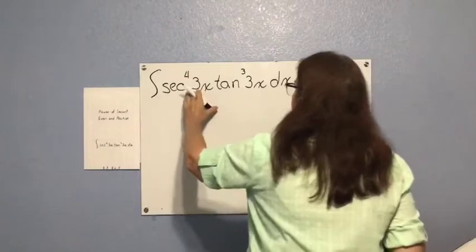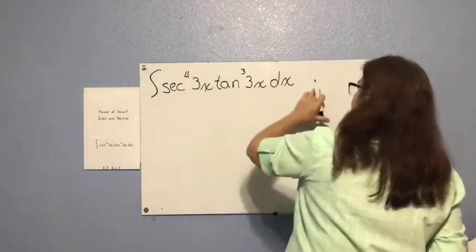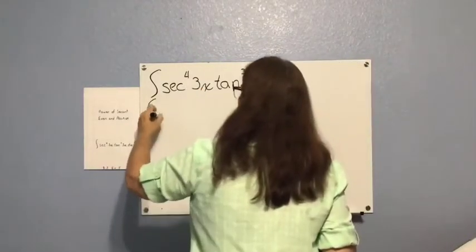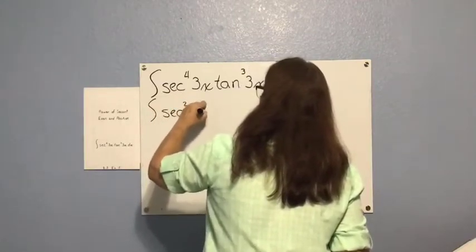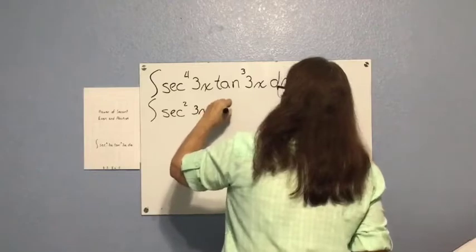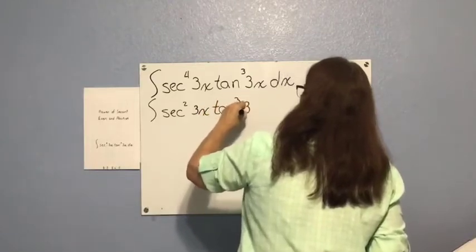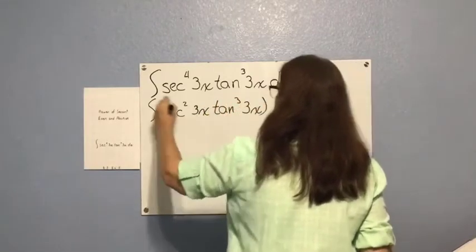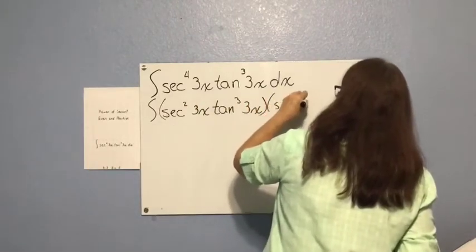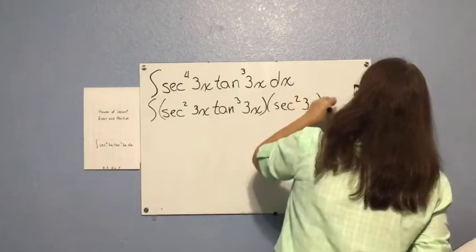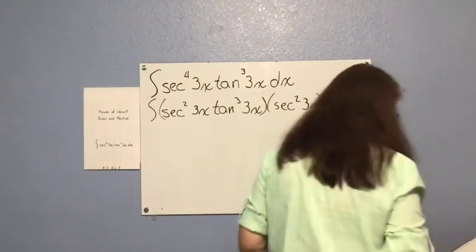Okay, we're going to take secant squared 3x out separately, which gives us secant squared 3x tangent cubed 3x times another secant squared 3x dx.